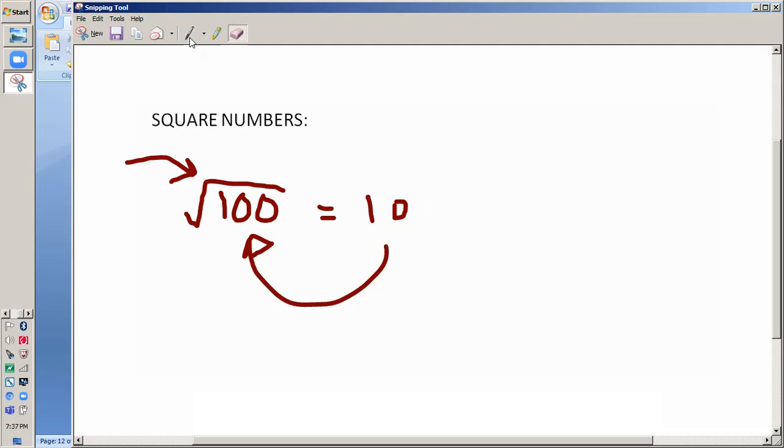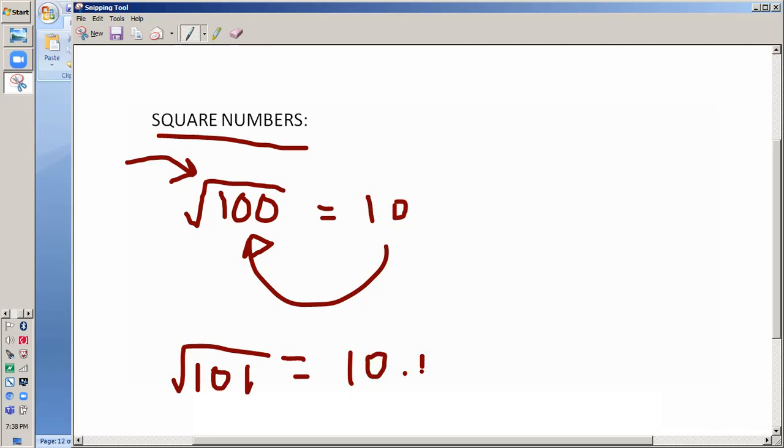So 100 is a square number, because when you find the square root of 100, you get a whole number. Mind you, suppose I said to find the square root of 101. On your calculator, you might get 10 point something, true? So 101 would not be a square number because you get a decimal.